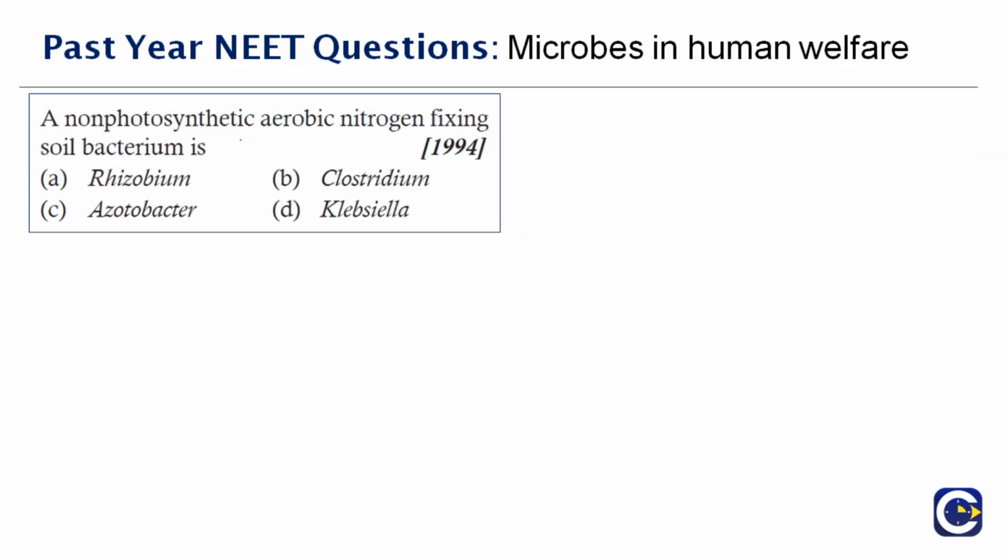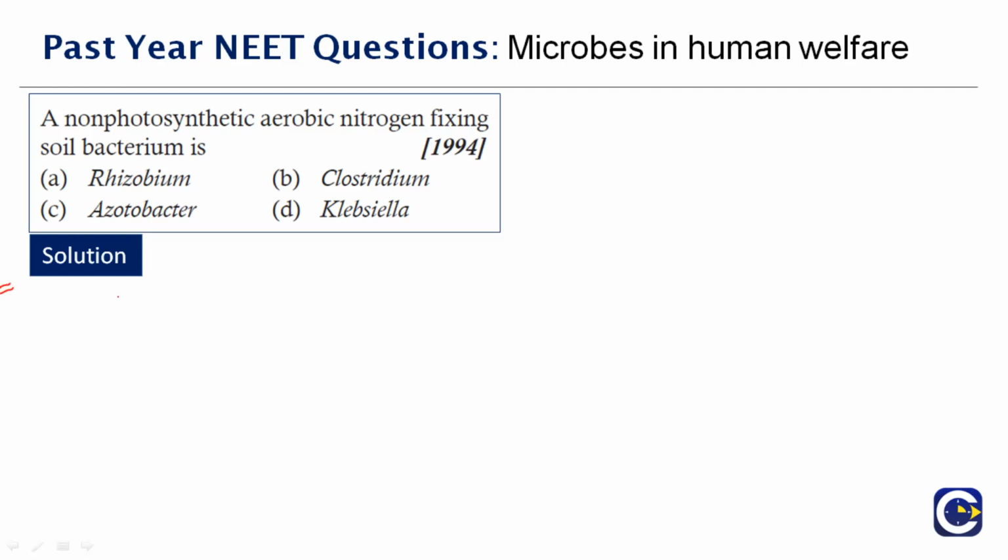Then you have another question here: a non-photosynthetic aerobic nitrogen-fixing soil bacterium. This question is again direct, right? What do you think will be the answer here? It is once again Azotobacter. As we all know, it is a free-living soil bacterium able to take up the dinitrogen from the soil and fix it into an organic form.